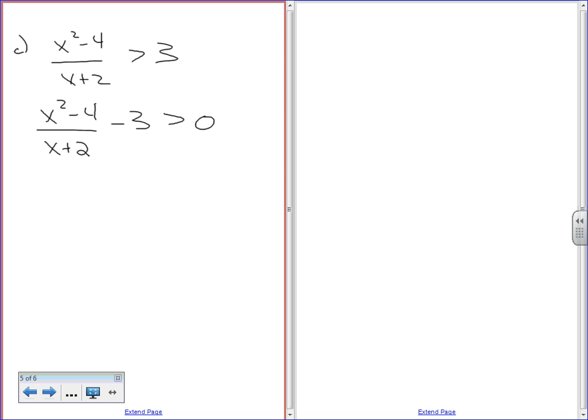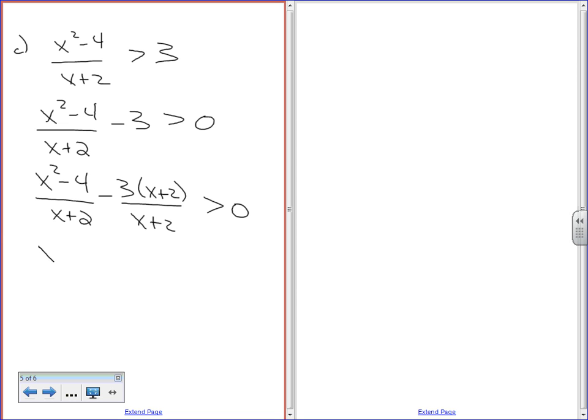Once you've made it equal to 0, now you just have to come up with your new rational expression by finding a common denominator. So x squared minus 4 over x plus 2 minus 3, the common denominator would be x plus 2. That means I multiply this top by x plus 2.